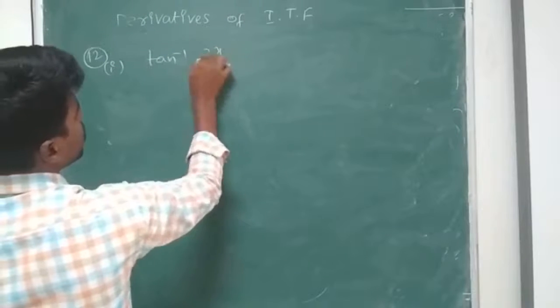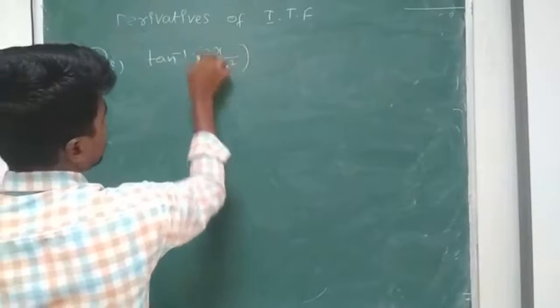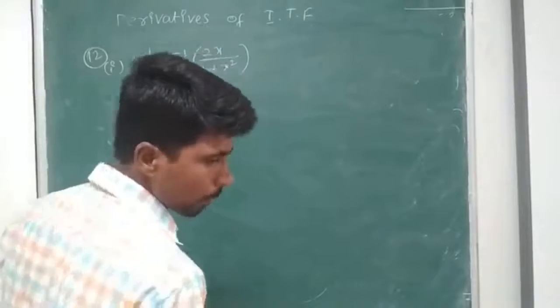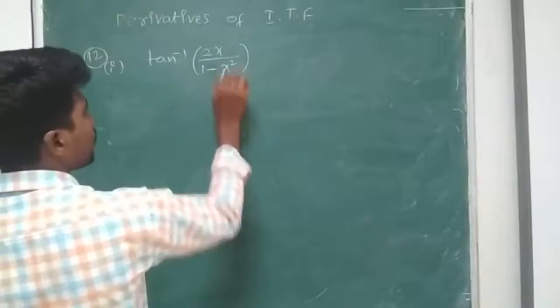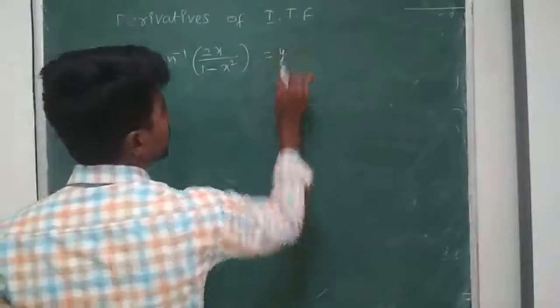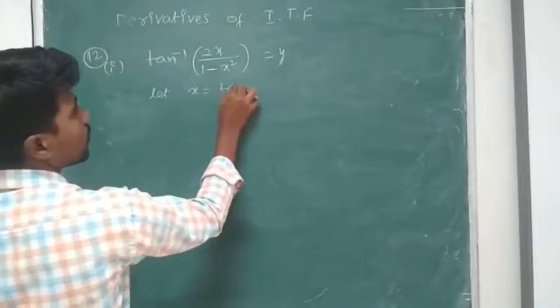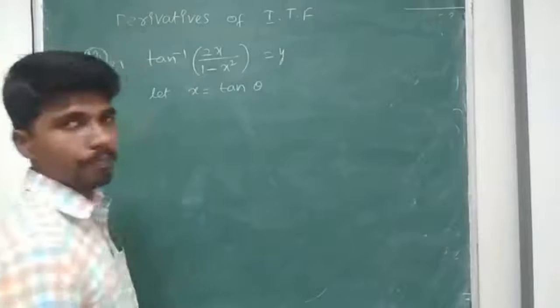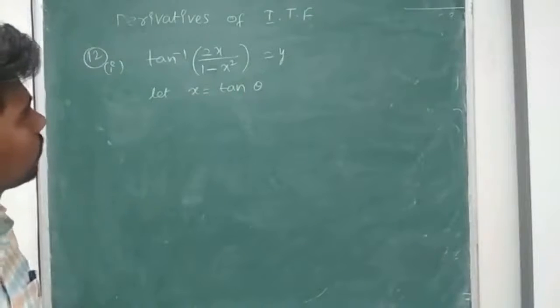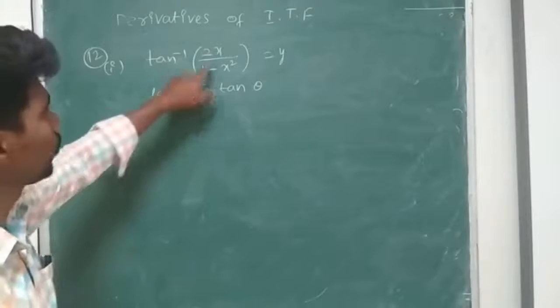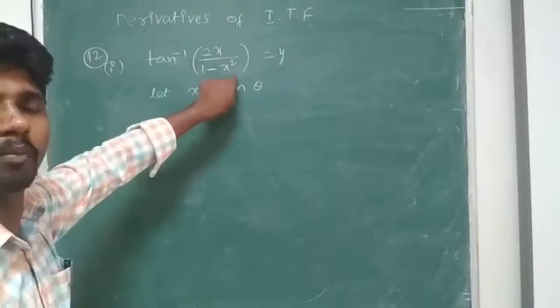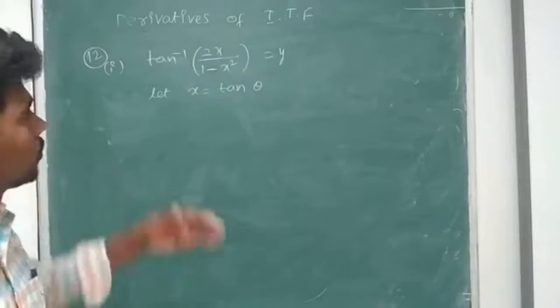Consider it as y. Let x be equal to tan theta. So I am taking x equal to tan theta only. If I substitute here, 2 tan theta by 1 minus tan square theta is nothing but tan 2 theta. So I have that form.